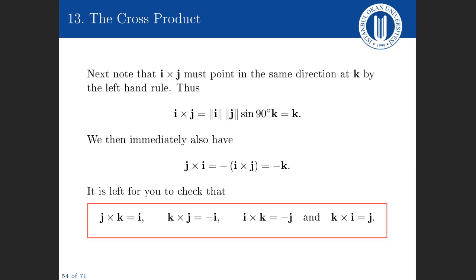Go back to the picture 2 slides before. Hold your left hand up to the screen. You should be able to check that J cross K is I, K cross J is minus I, I cross K is minus J, and K cross I is J.